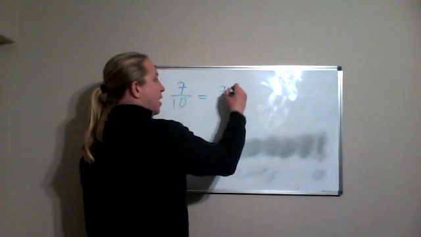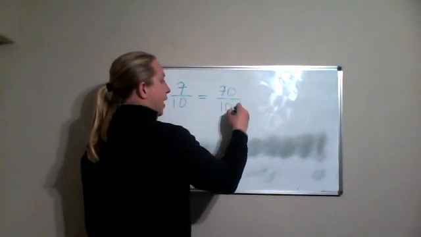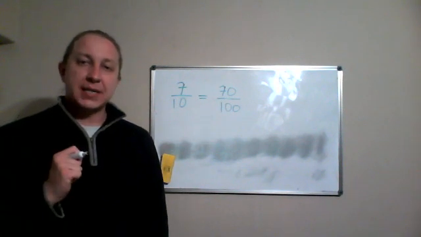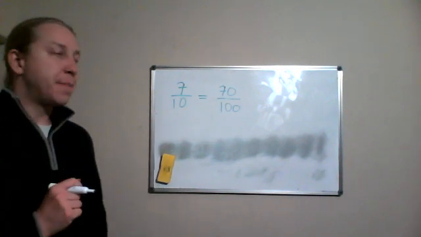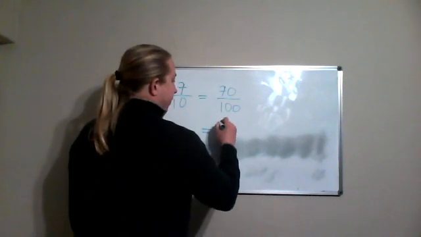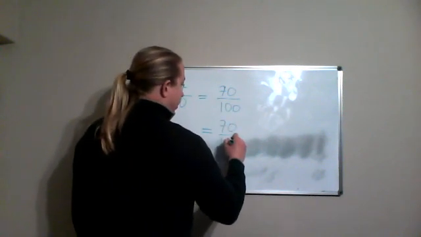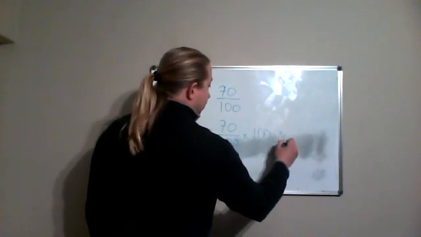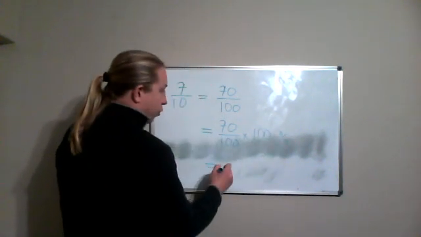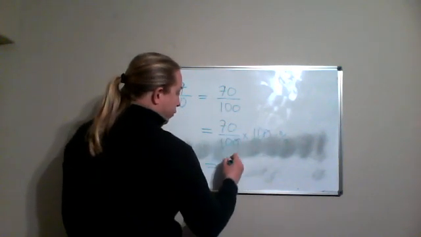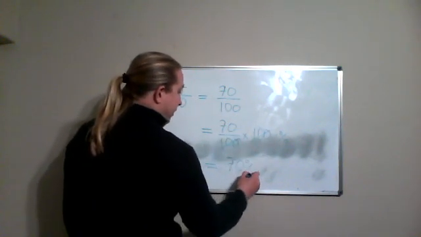So this will be 70 over 100. How do we change a fraction into percent? We multiply by 100. So this will equal 70 over 100 multiplied by 100%, which will equal, that 100 will cancel with that, and it will leave us with 70%.